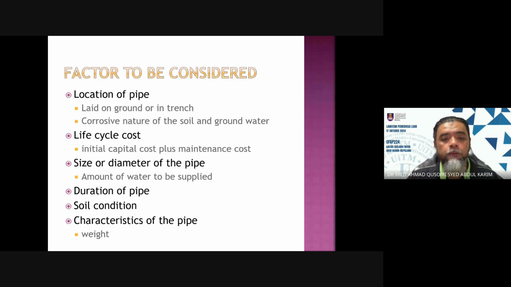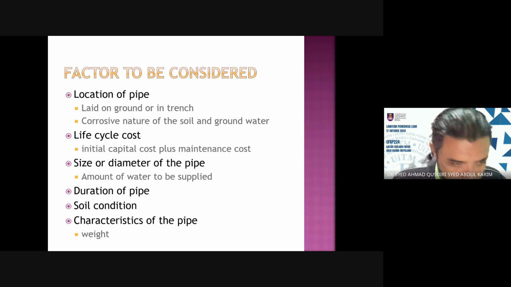Okay, so that's why it's important for them to use pipes that last as long as possible. And then size and diameter of the pipe depends on the amount of water to be supplied. If it's related to the main pipes, of course, it will usually be very large diameter pipes. And if you're talking about distribution, it will be a lot smaller.